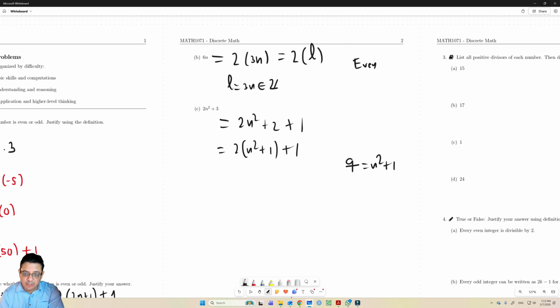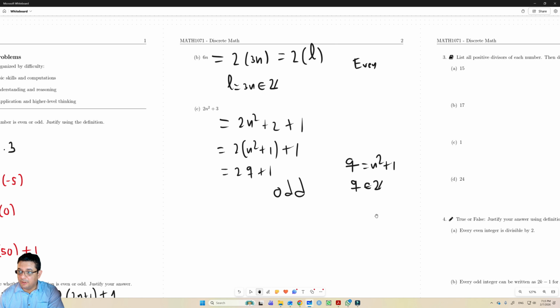Notice that if n is an integer, n squared is an integer, and n squared plus 1 is an integer. So q belongs to the integers, and this is 2q plus 1. So this quantity here is going to be odd. Okay? All right, moving on.